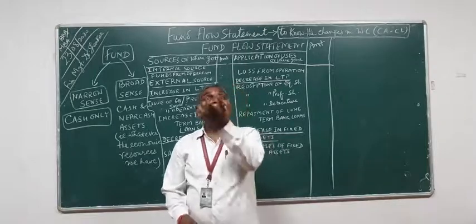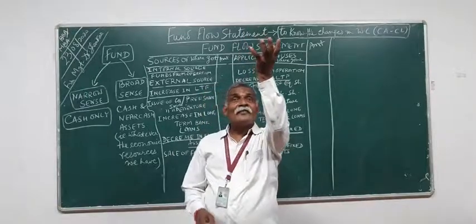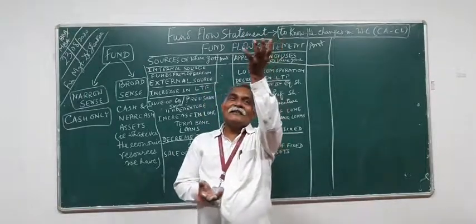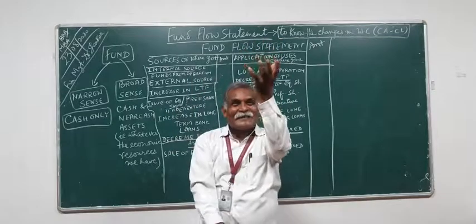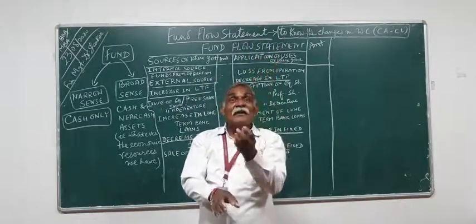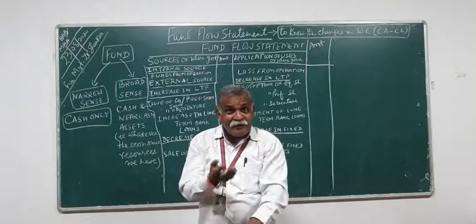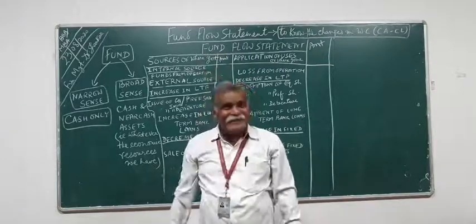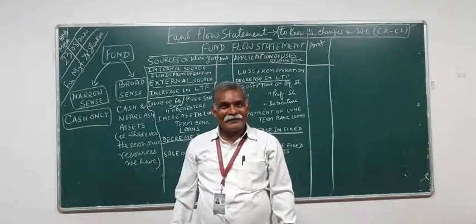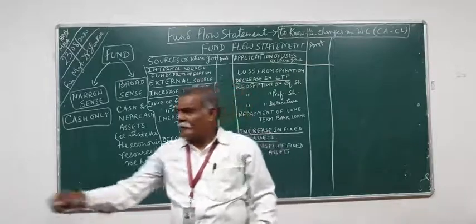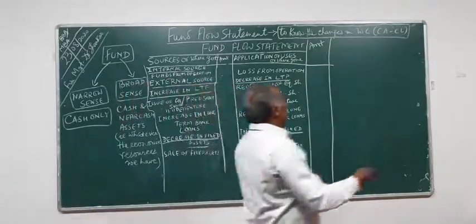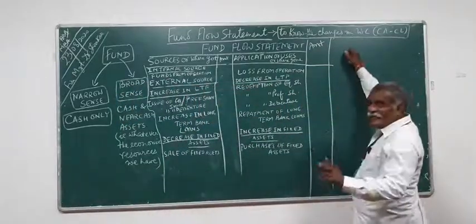If the amount of current liabilities increases, it is the reverse: working capital will decrease. If the amount of current liabilities decreases, working capital will increase. Is that clear? If you do not understand, then I can show you one example.